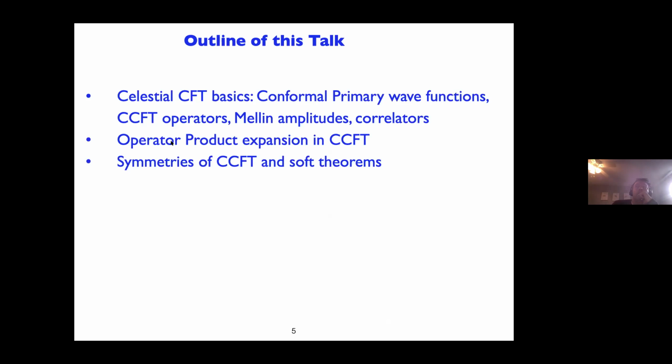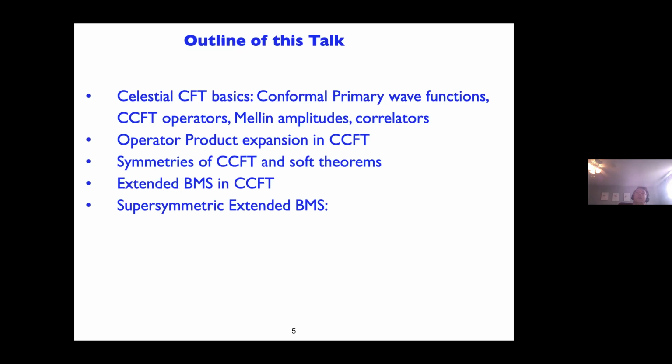The next step will be to understand the symmetries of the celestial CFT and the relation to soft theorems, the typical soft energy theorems that we know from Weinberg and, recently, from Strominger and Cachazo. And eventually, from this construction, we will try to find out what the symmetry on the celestial CFT is, and it will turn out to be an extended BMS symmetry that was discussed by Barnich and Troessaert in the past few years.